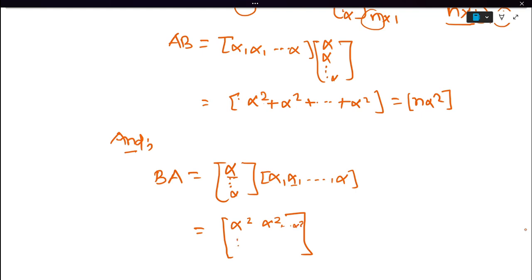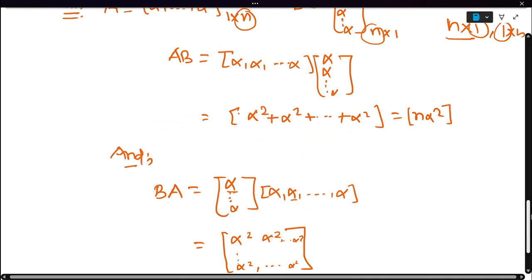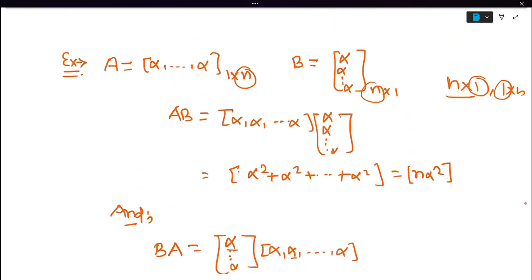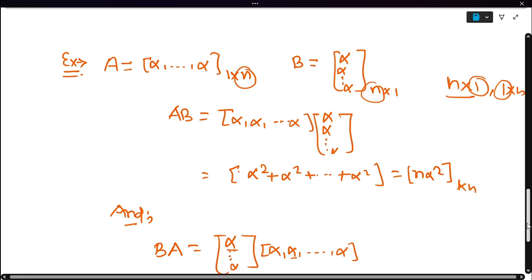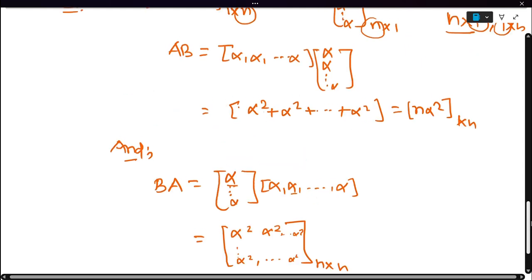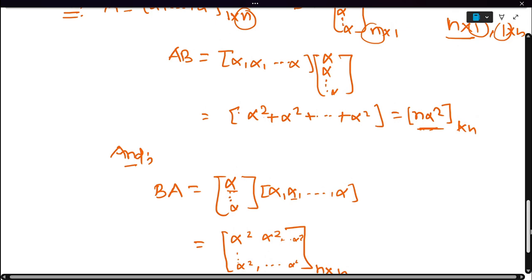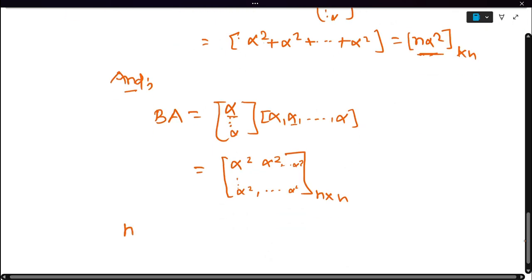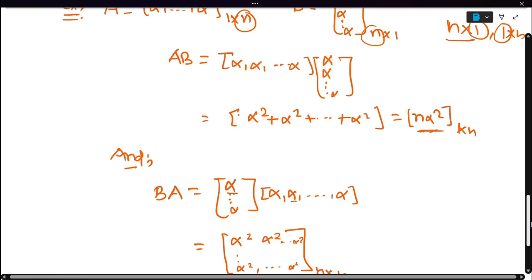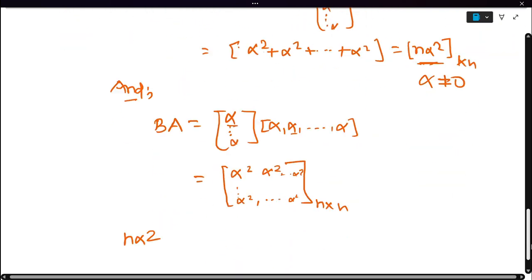So AB is a 1 cross 1 matrix and BA is an n cross n matrix. The eigenvalue of AB is only n alpha square, and if alpha is not equal to 0, then n alpha square will be non-zero.